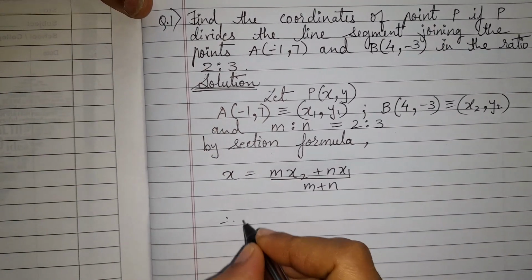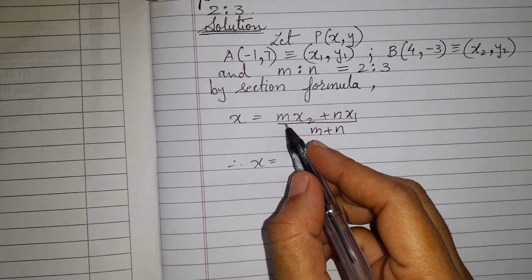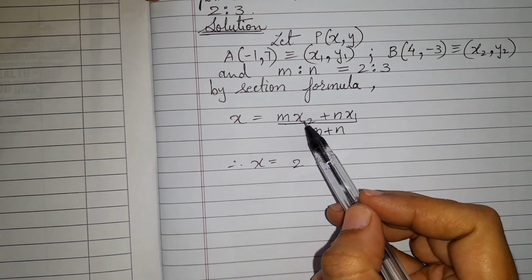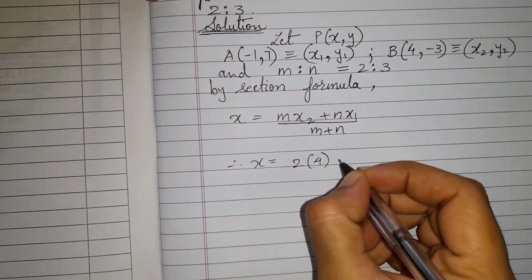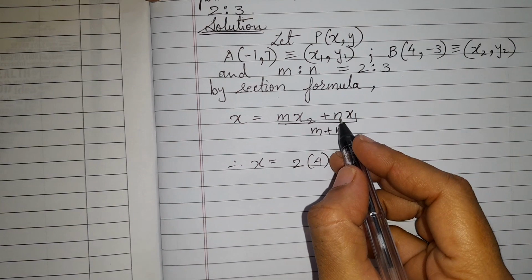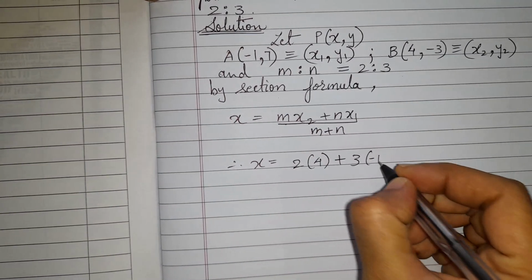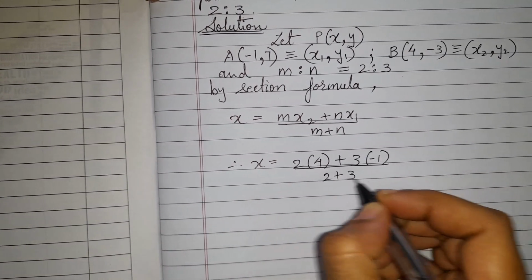Therefore, x is equal to, we substitute the values, m is 2 and x2 is 4 plus n is 3 and x1 is minus 1 by 2 plus 3.